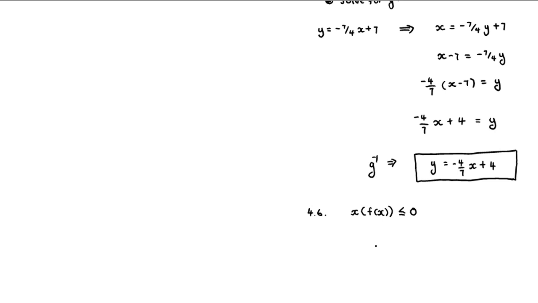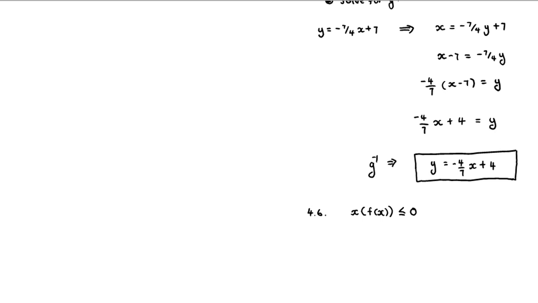Okay, so what does this mean? They're asking you for which values will this following condition hold. So what you're looking for is that when you multiply the x values and the y values, they have to be less than or equal to 0.